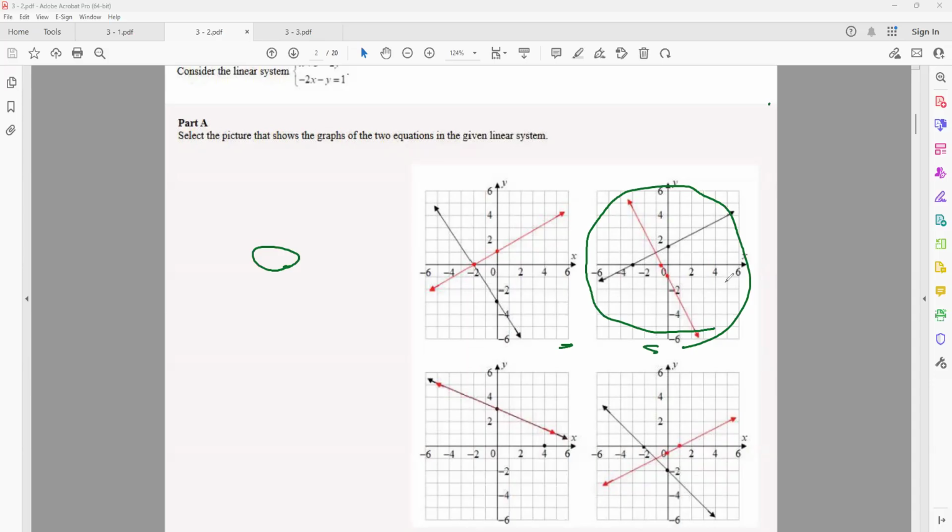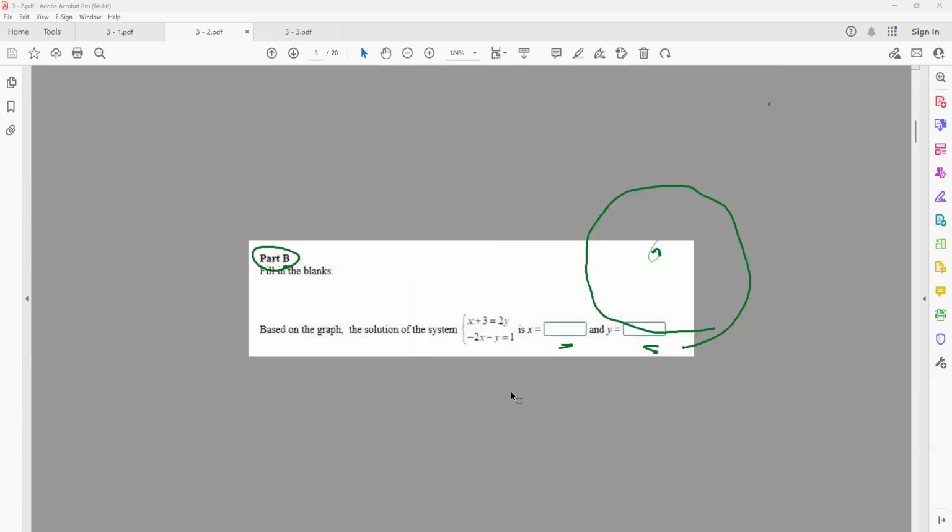Where is the intersection point for these two lines? Please select it on the graph. Yes, exactly. This point is the answer, and its coordinate is negative 1 and 1. So we write here negative 1 for part B and 1.